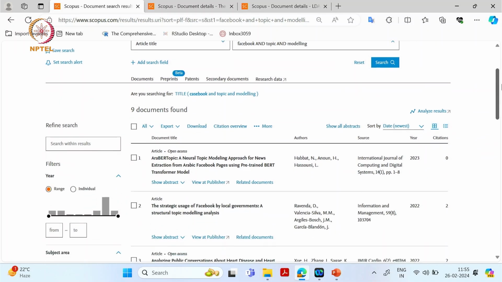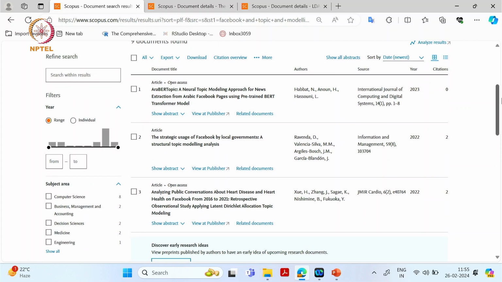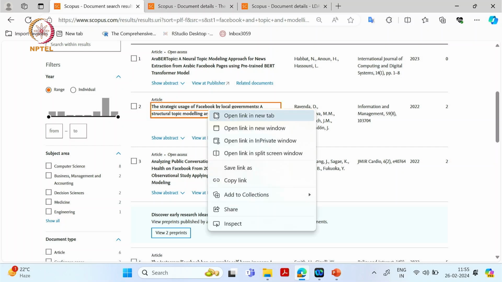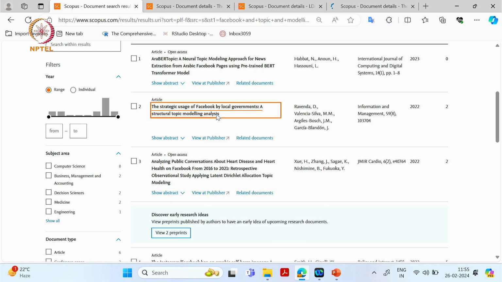Now let's take the example of this one, and then this.